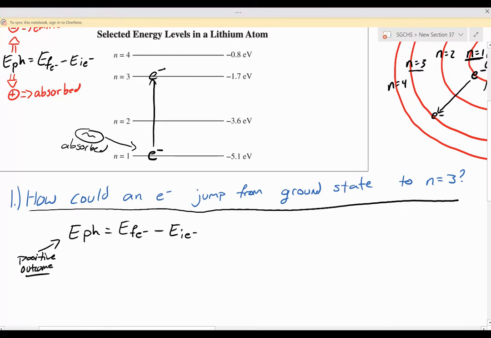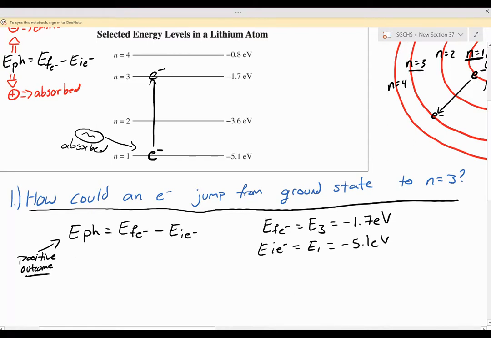So we can now go forward and understand that the final energy level of our electron is when the electron's in the third energy state. So E equaling 3, which equals negative 1.7 electron volts. The initial energy level of our electron was when it was in the ground state, n equaling 1. That energy state is negative 5.1 electron volts.